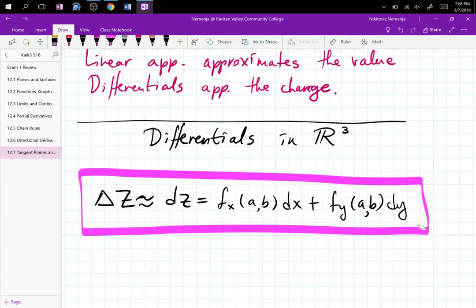So let's take a look at an example of this. Most of these examples should be word problems, because that's what we use it for. Let's see. Travel cost.